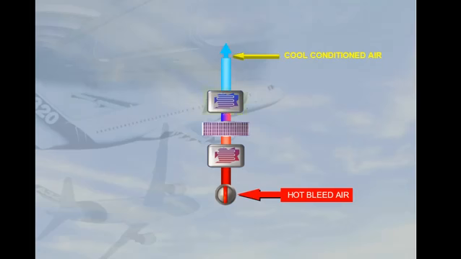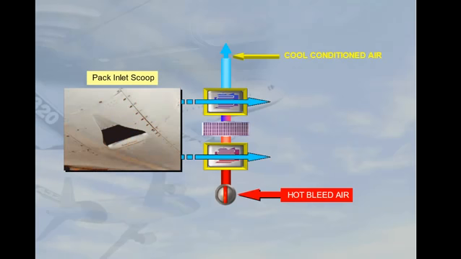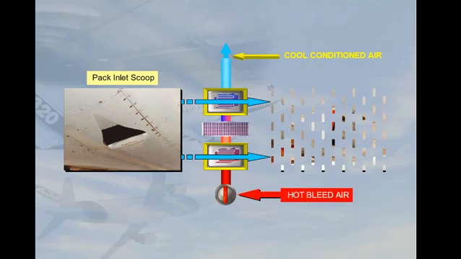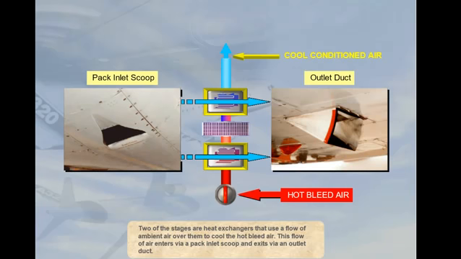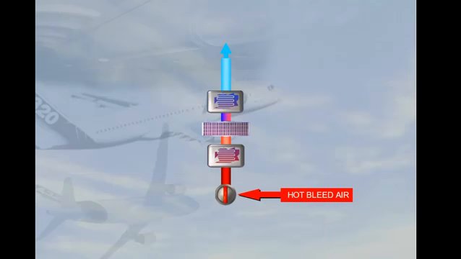Two of the stages are heat exchangers that use a flow of ambient air over them to cool the hot bleed air. This flow of air enters via a pack inlet scoop and exits via an outlet duct. So that the output temperature of the pack can be adjusted, a bypass valve is fitted.